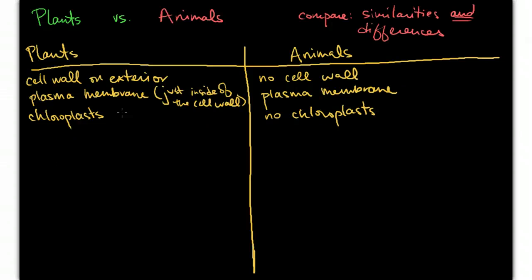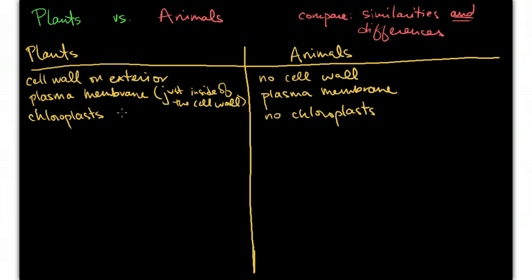And also, interestingly, chloroplasts and mitochondria, for that matter, have their own DNA, have their own ribosomes. They have 70S ribosomes, which gives us evidence for the endosymbiotic theory, and that chloroplasts can divide on their own.